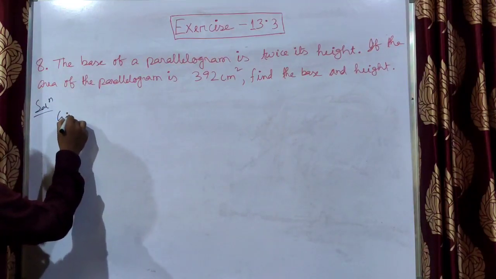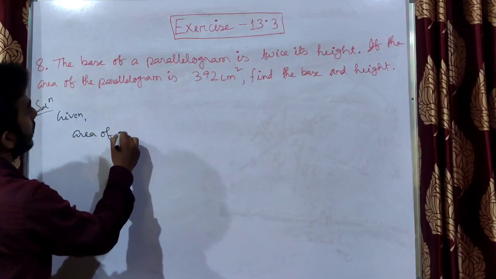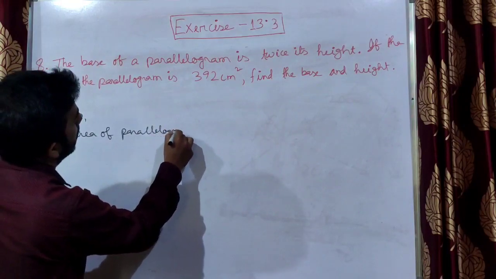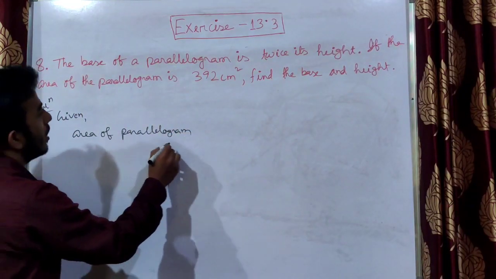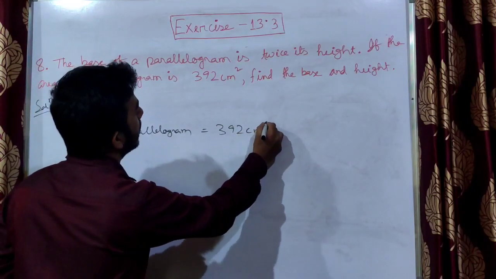Given area of parallelogram equals 392 centimeter square.